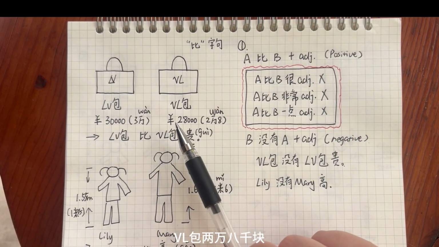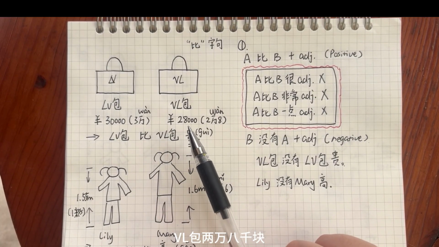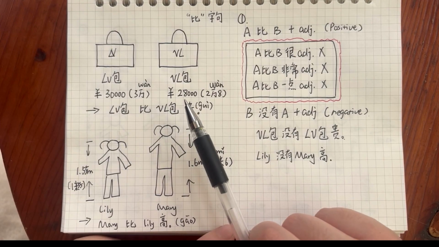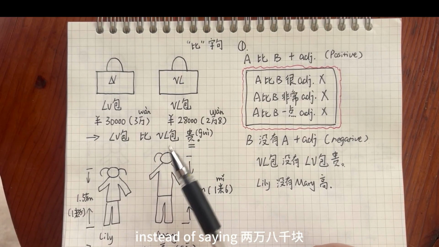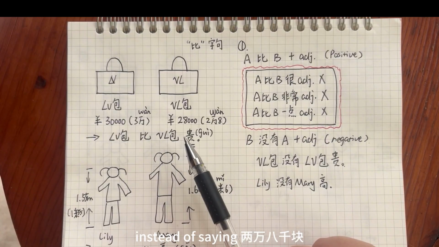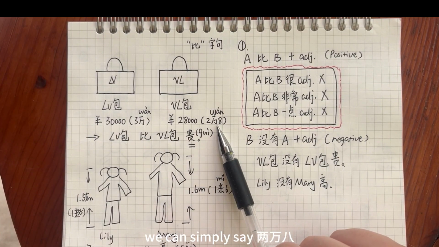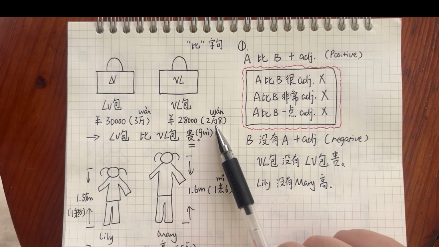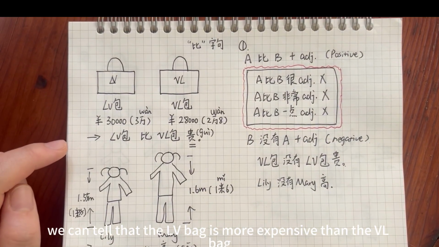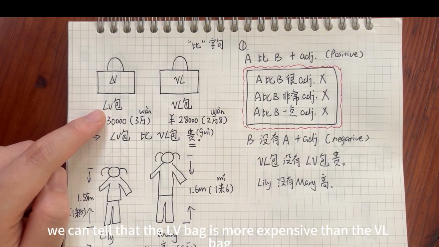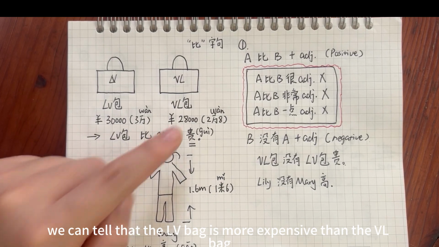VL 包2万8千块。In daily life, instead of saying 2万8千块, we can simply say 2万8。So apparently we can tell that LV bag is more expensive than VL bag.